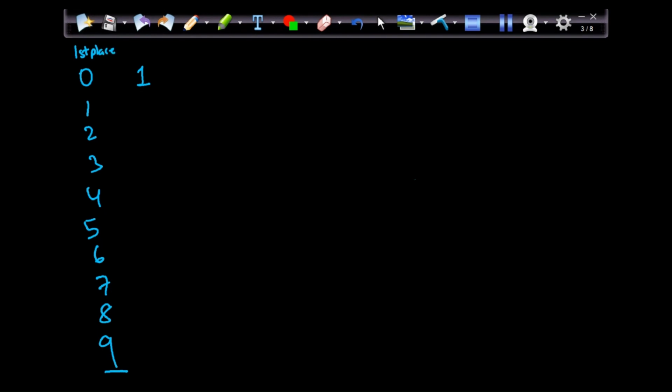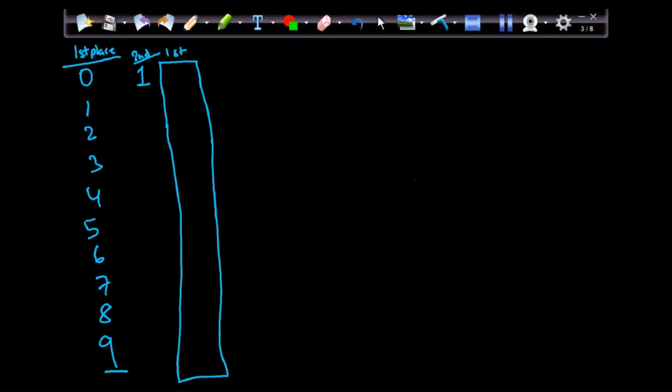Let's say this is the first place, and this is now the second place and first place. So 1 at the second place with all the possibilities at the first place, and these possibilities include all the digits: 2, 3, 4, 5, 6, 7, 8, 9.